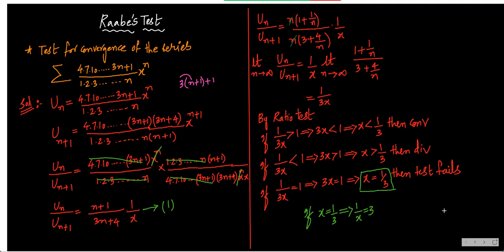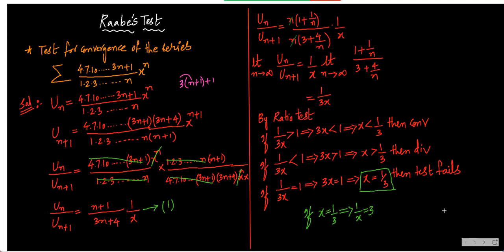But here we have a series format. Not only for the ratio test, anywhere you come across this type of situation where you get a series, the next term is obtained by replacing n with n+1. If you have an nth term, you can simply replace n with n+1. That is the only difference.